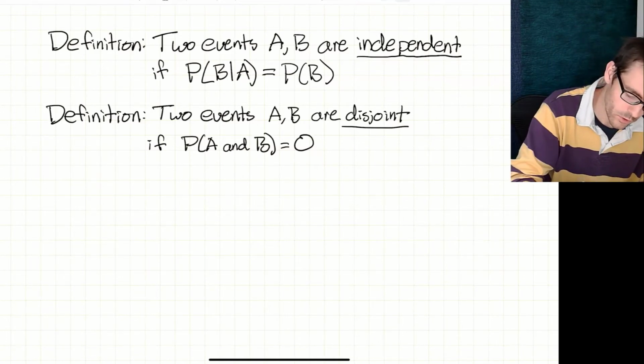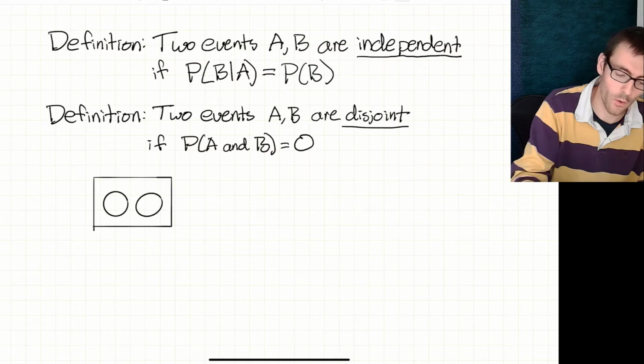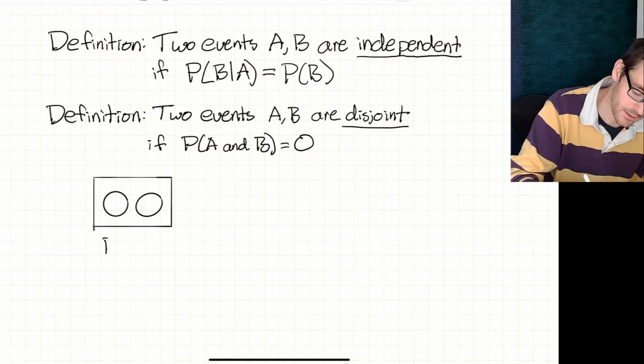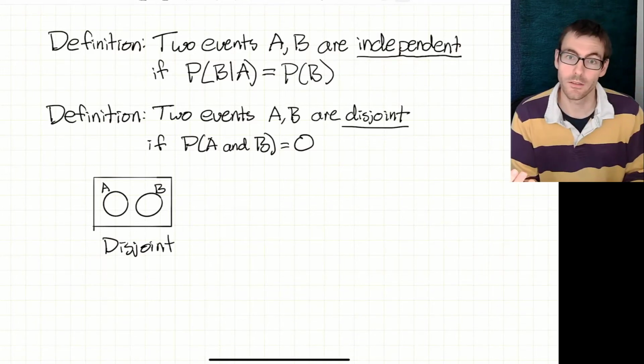So if we wanted to draw a Venn diagram, we typically would draw it where the circles don't overlap at all. So I would say that this is a diagram where A and B are disjoint.